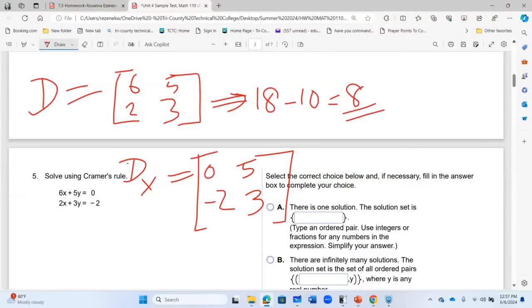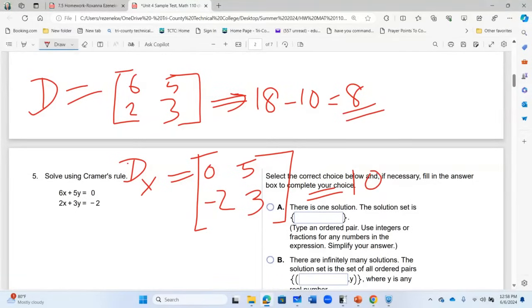Then I find the determinant. You don't have to use a calculator. Sometimes it's easier to do it by hand. So 0 times 3 is 0, minus negative 2 times 5, which is 10. So the determinant is 10.